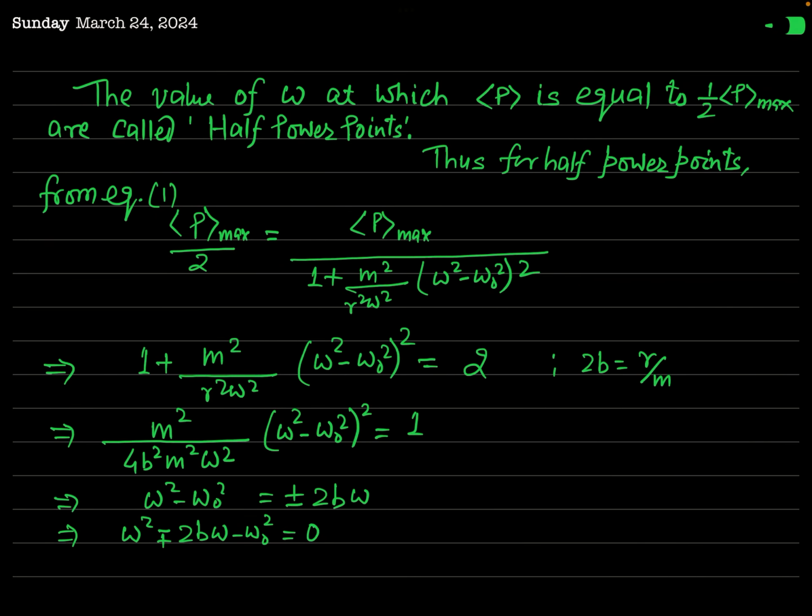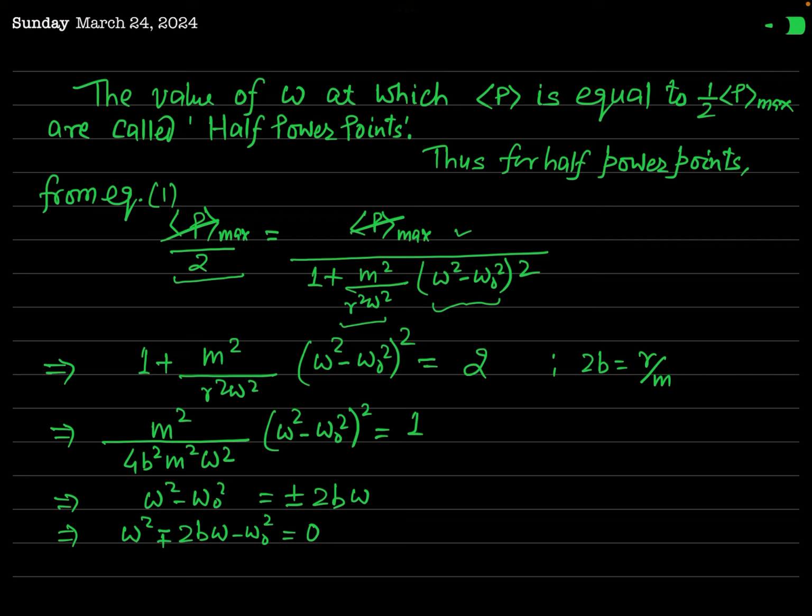So let us substitute P max over 2 in place of P in that equation. Equation 1 now becomes P max over 2 equal to P max over 1 plus m square over r square omega square times omega square minus omega naught square, whole square. Now you can see this P max and this P max will cancel out.